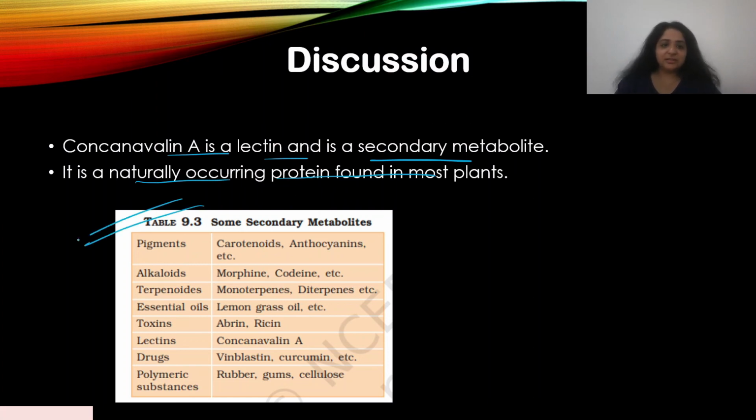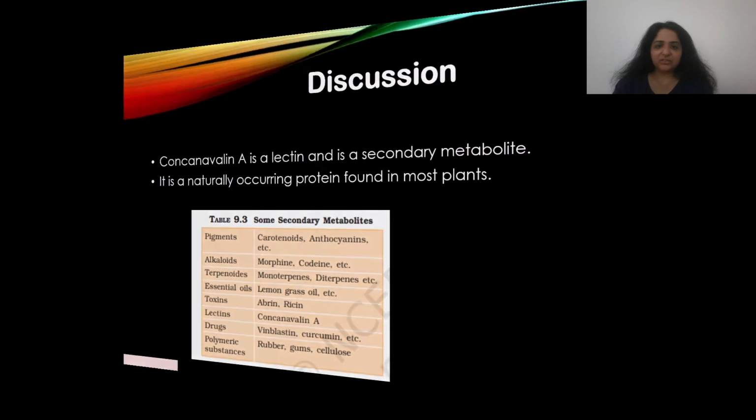This is a table taken from NCERT, where they have given a list of secondary metabolites and examples. You can clearly see here lectin, concanavalin A, pretty obvious, right? I think you answered the question.